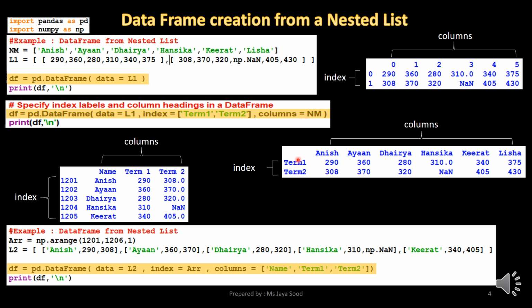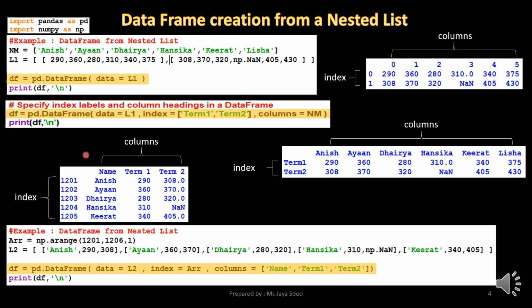You may see here in the output that the data frame is again created with two rows. The first row is created from the first element of the nested list L1. The second row is created from the second element of the nested list L1. The column headings are coming from the list of names NM and the index labels are term 1 and term 2.